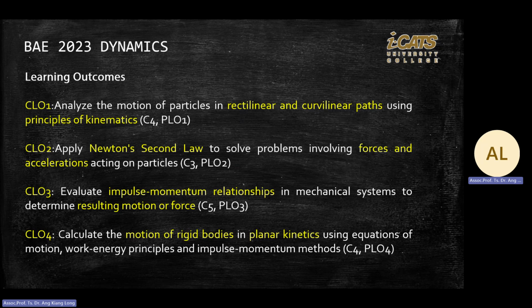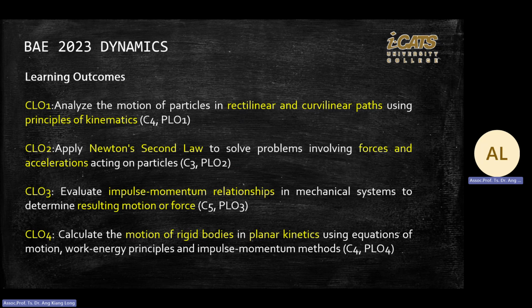CLO4 will be on the motion of rigid body. This one focuses on planar kinetics, meaning the 2D rigid body. Chapter 1 until chapter 3 is more on particles, meaning we see the body as one object, one big round circle or one dot.